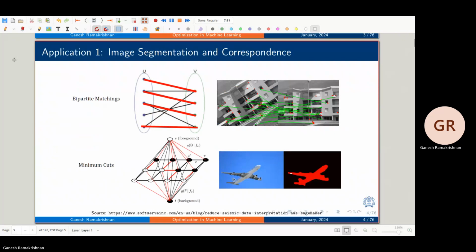Okay, so let's take this example where you are looking at segmenting an image. Sorry, I look at correspondence first. Let's look at correspondence first.